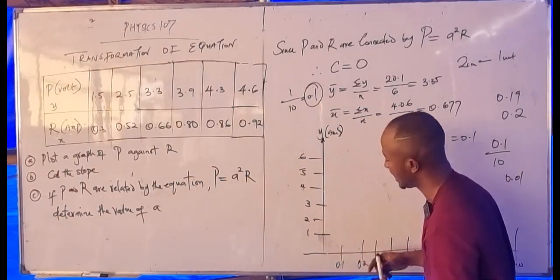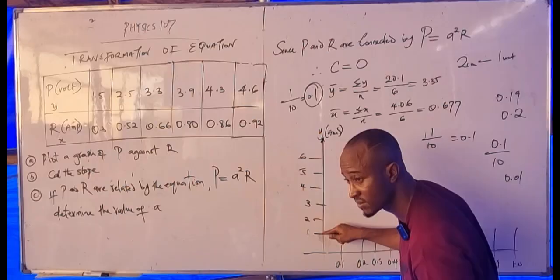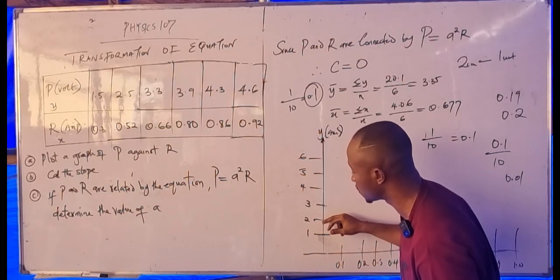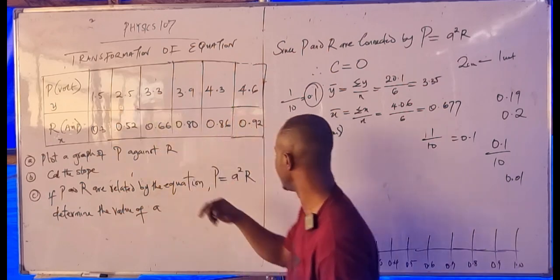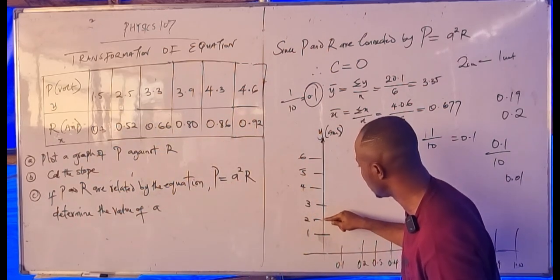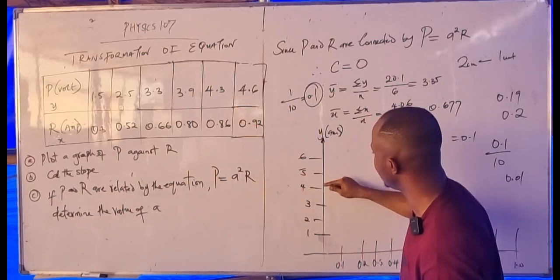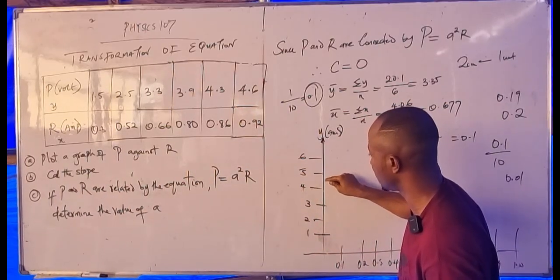That means from here, I can generate 1.1, 1.2, 1.3, 1.4, 1.5, 1.6, down to 2. I can even generate 2.5: 2.1, 2.2, 2.3, 2.4, 2.5. I can also generate 4.6: 4.1, 2, 3, 4, 5, 6.